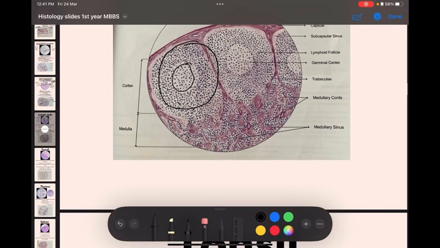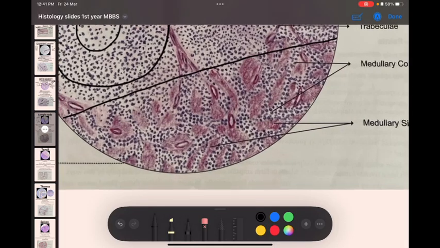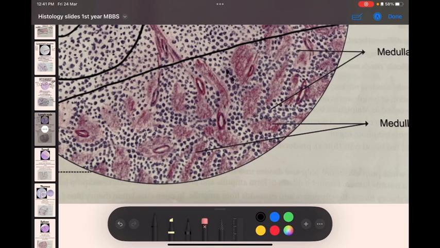We studied up to the cortex. Now, coming to the medulla, we have cells like these, which are called medullary cords.